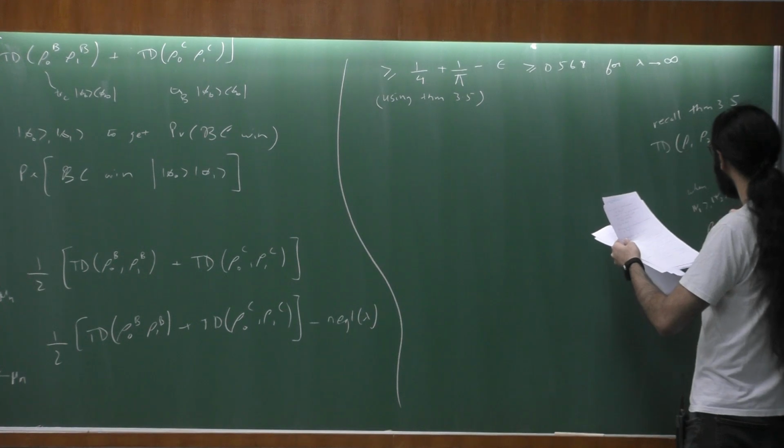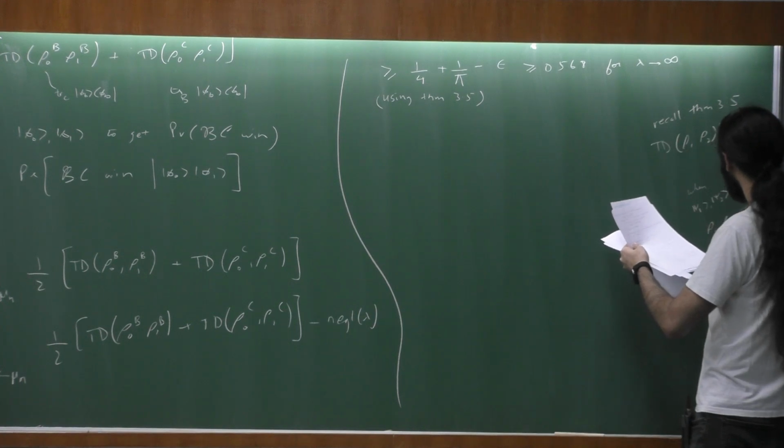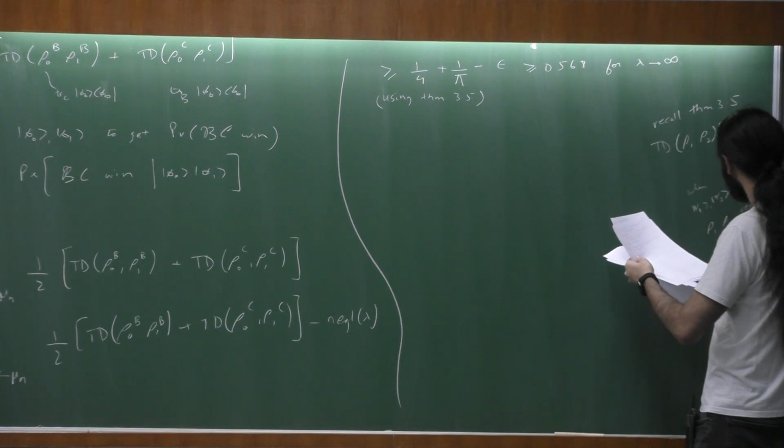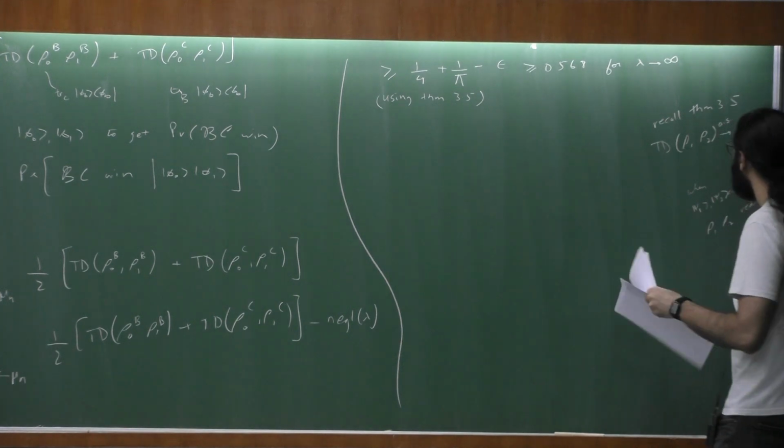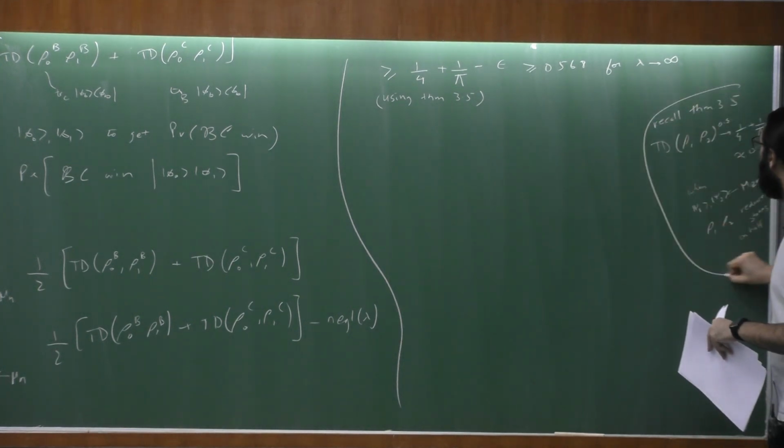Okay, and rho 1, rho 2 are the reduced states. So that's roughly the informal recall.